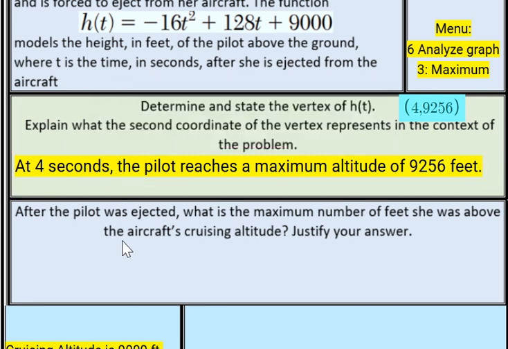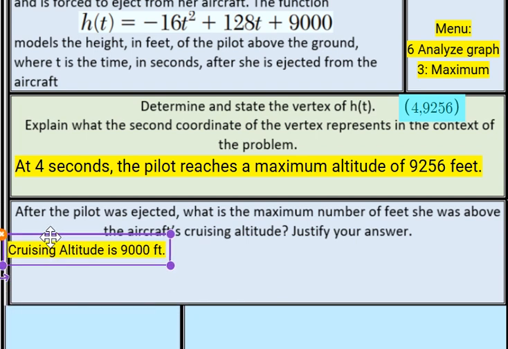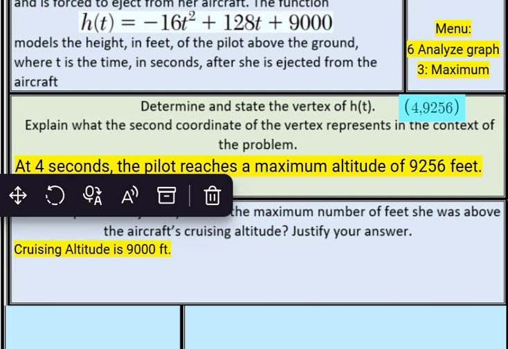Now, the next part, we have several points already, but to get the final credit, it says after the pilot was ejected, what is the maximum number of feet she was above the aircraft's cruising altitude? Justify your answer. So we know that cruising altitude is 9,000 feet.